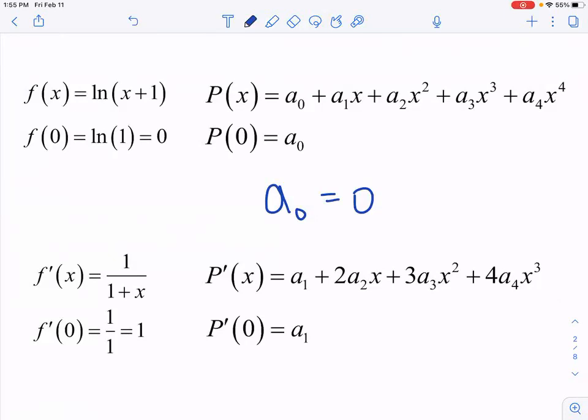When we take the derivative of p, the derivative of a constant is 0, and then we do the power rule to get a sub 1, power rule to get 2 a sub 2 x, etc. Are you okay with our power rule? Okay, well, when we plug 0 into this derivative, all of these are going to go away, and we're left with a sub 1. So what do we know about a sub 1?